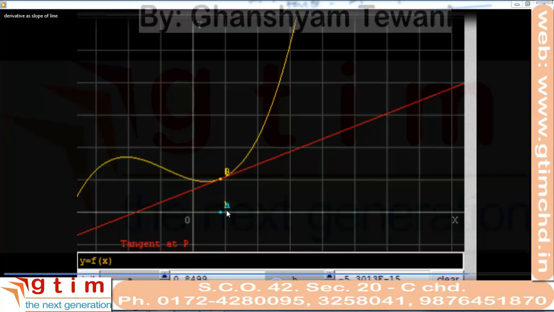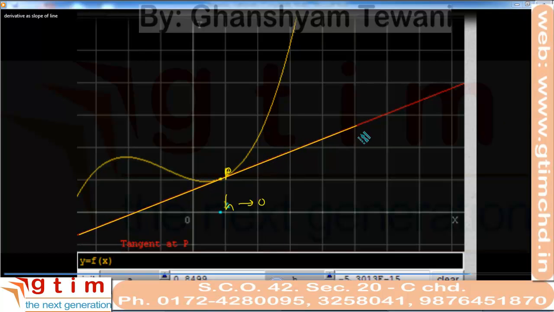At that time, the value of this h approaches 0, and the chord PQ is now tangent to the curve at point P. This line is in fact touching the curve at point P.